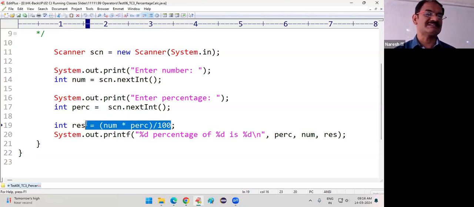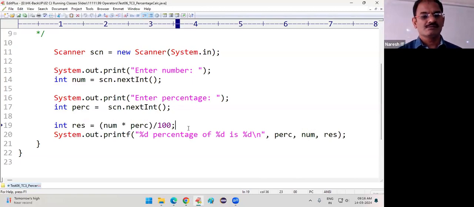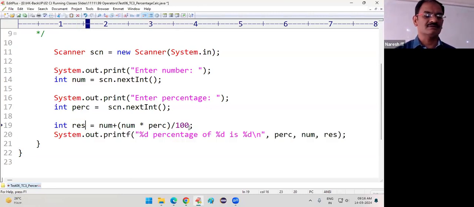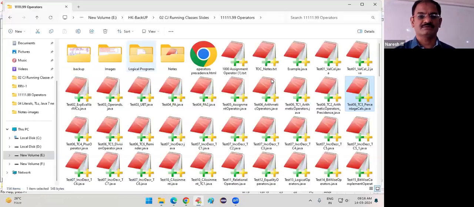If you want to increase the salary of the employee, what should I write? Number plus. This is the result of the increased salary. What do you have to display? The original salary and the increased salary. That's it. If you are unable to write, please meet me after class. We will discuss. And now today, let's start the next operators, increment and decrement operators.